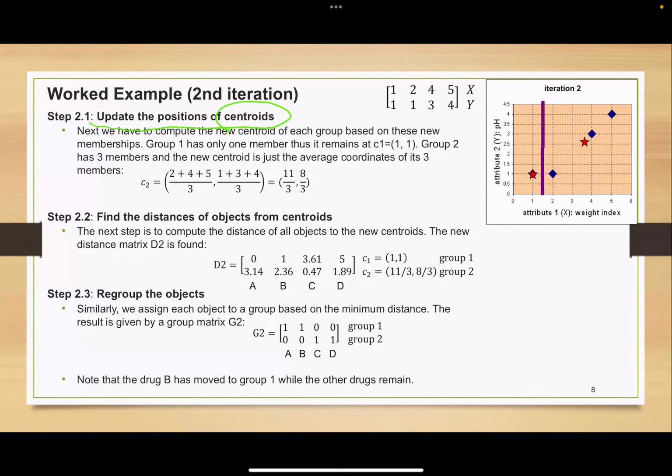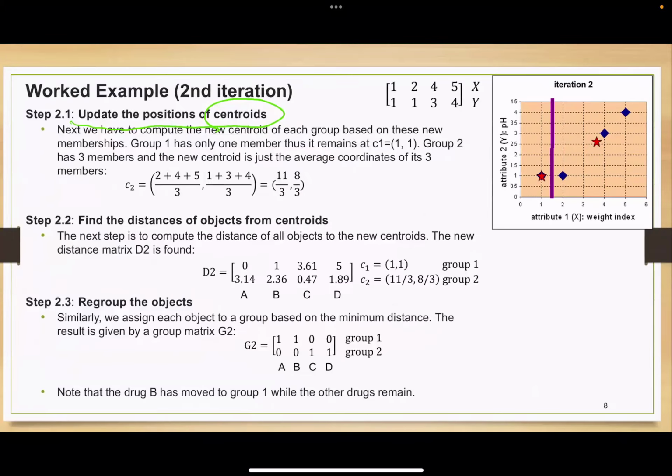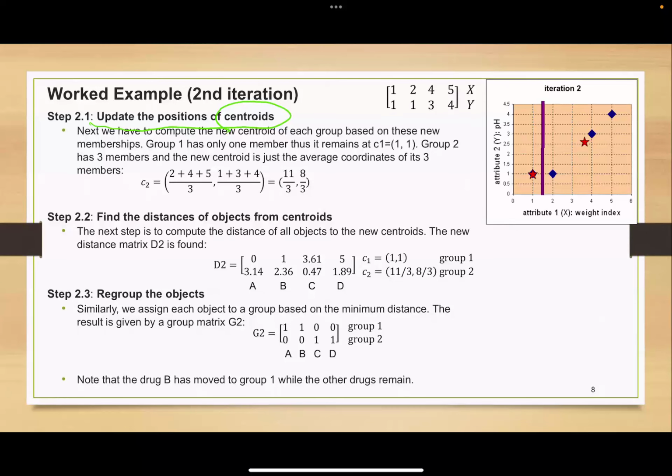And how do we update the centroid? Simply, we just calculate the center of the group. And how do we calculate the center of the group? The center of the group is the mean of X and Y, okay?